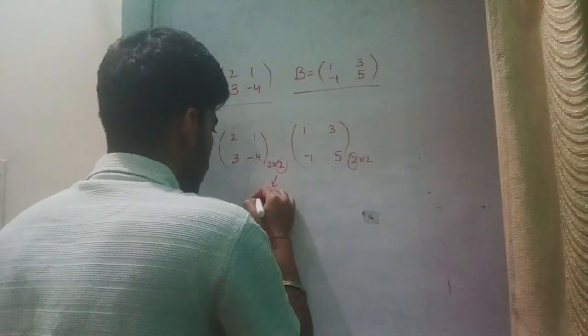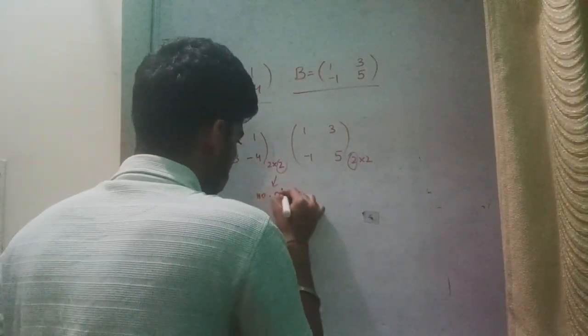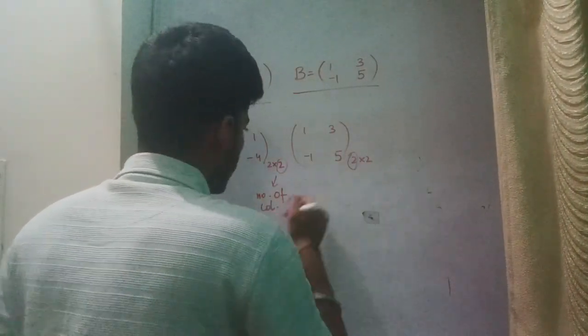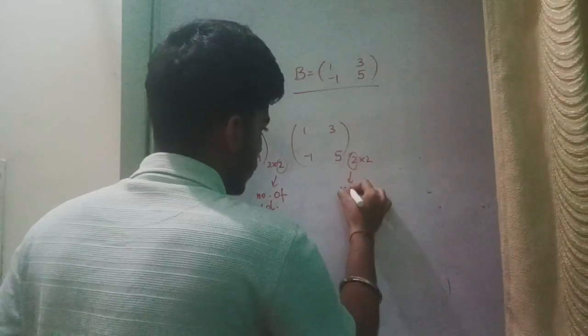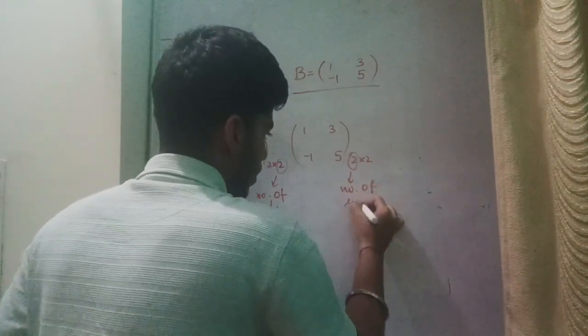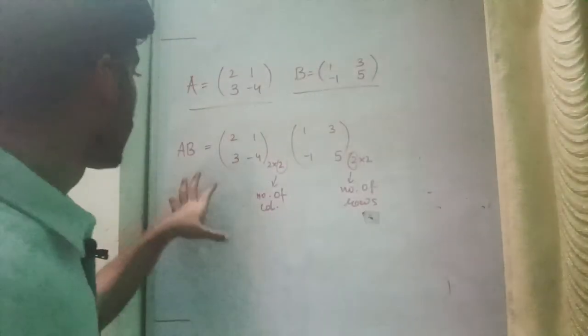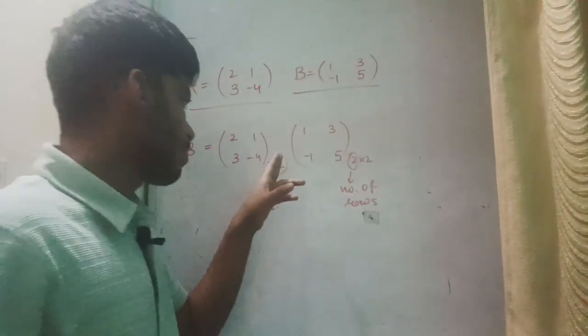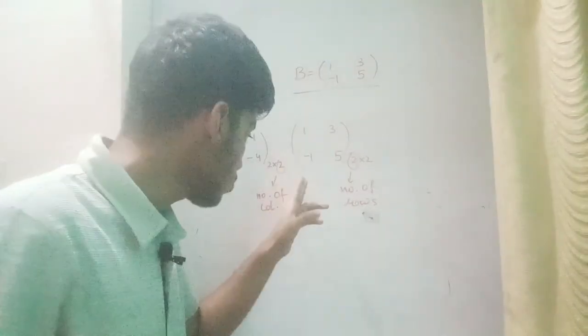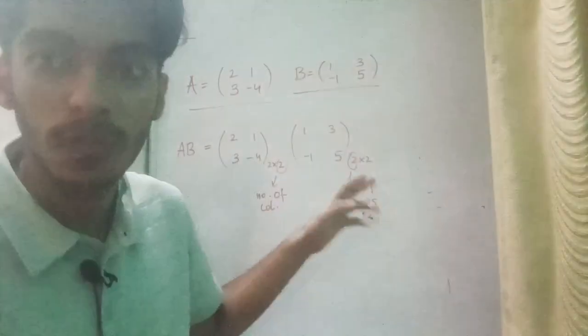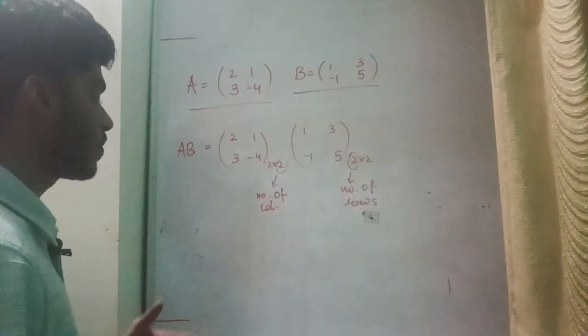So this gives me the number of columns in the first matrix, and this gives me the number of rows in the second matrix. So it's highly important you first check the order of the matrices, whether the number of columns of the first matrix is equal to the number of rows of the second matrix, right? It's very, very important.